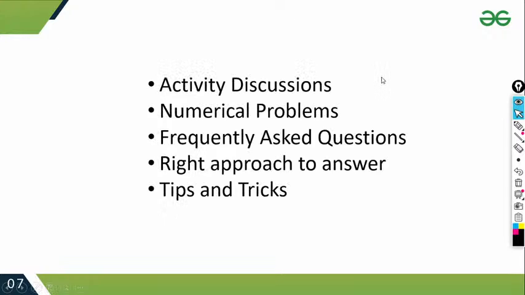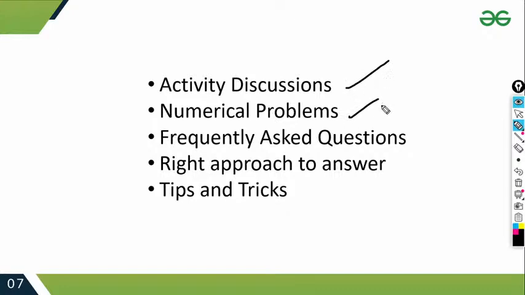And then I want you guys to know that we are not just going to cover the theoretical part of NCERT, we are going to cover the theoretical part as well as we'll have the activities discussion. All the activities which are inside the NCERT book, we are going to discuss all of them. And we'll also be covering the numerical problems.